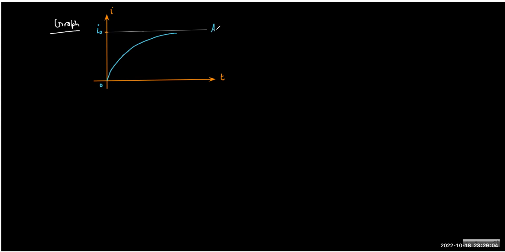This will be the asymptote. If you draw a tangent at t equals 0, what is the geometrical meaning of tan theta?